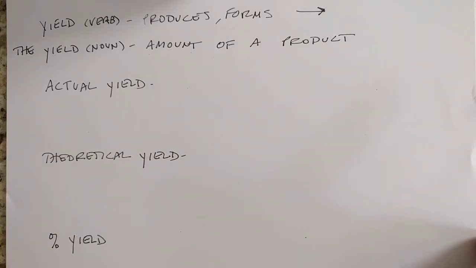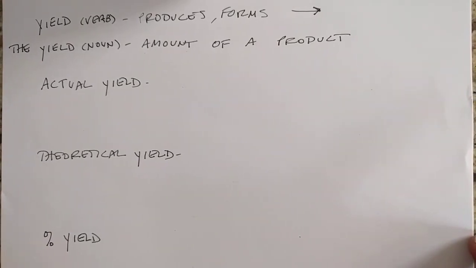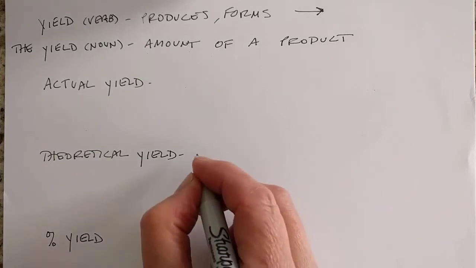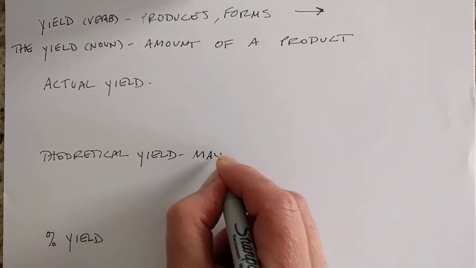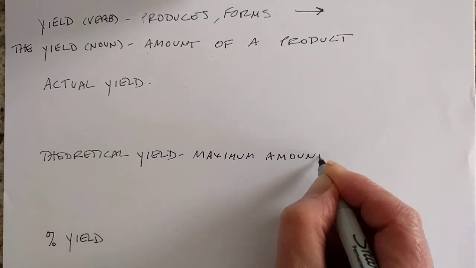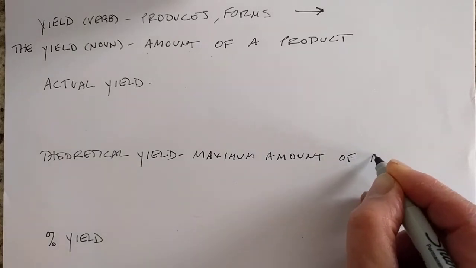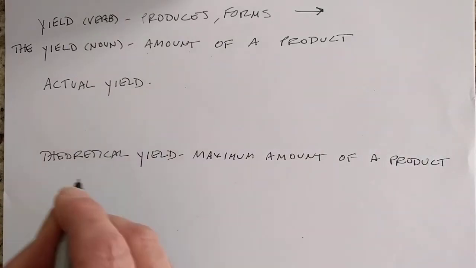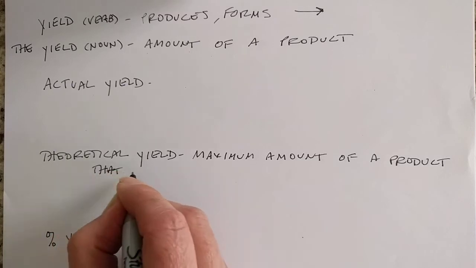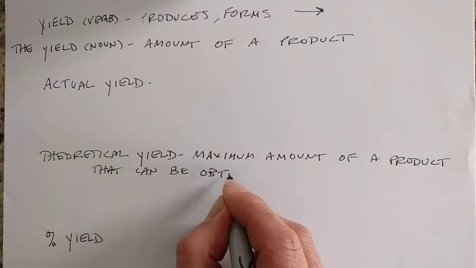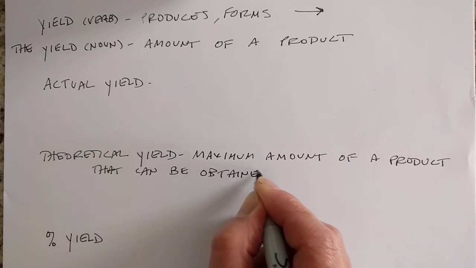This is what we have been calculating every time that we've used stoichiometry to calculate the amount of a product. We have been calculating the theoretical yield. This is the maximum amount of a product that can be obtained from the amount of reactants that you have.